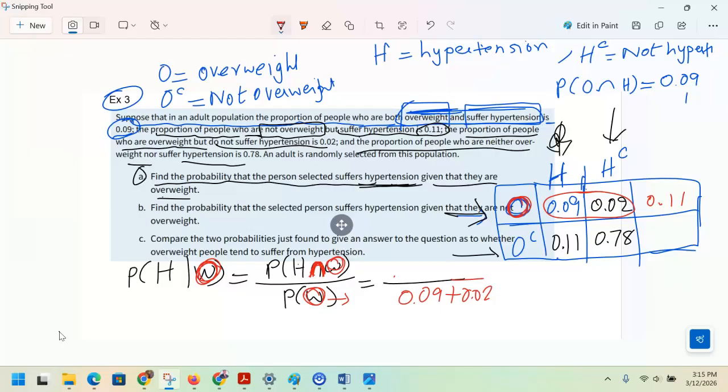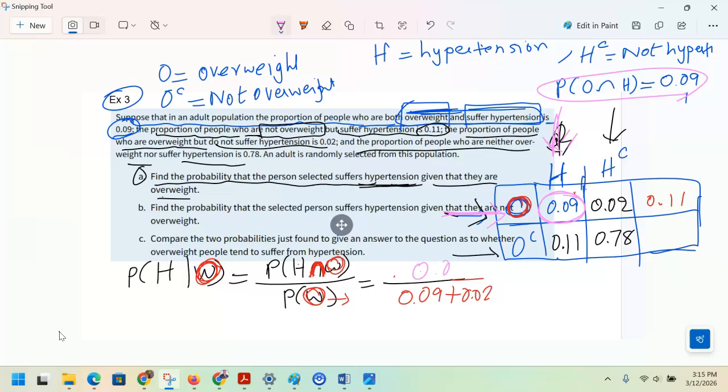And the top one, you can see from the table, is the number that is overweight and also suffering from hypertension. That is 0.09, I already have this piece here.